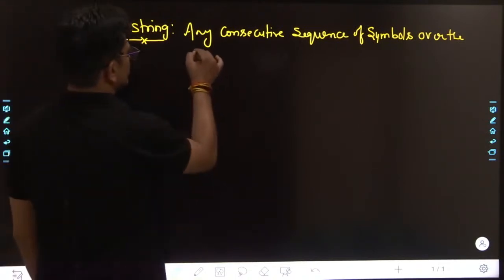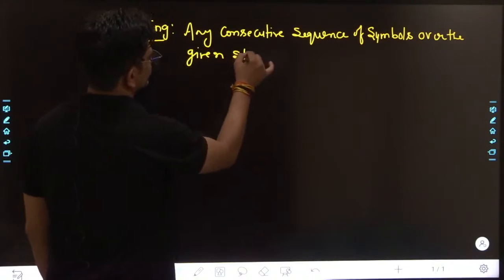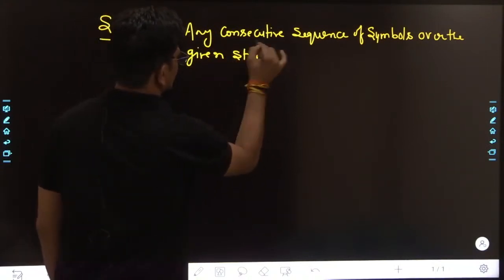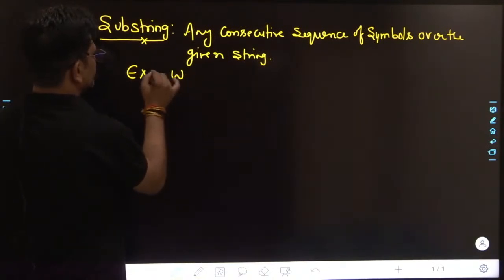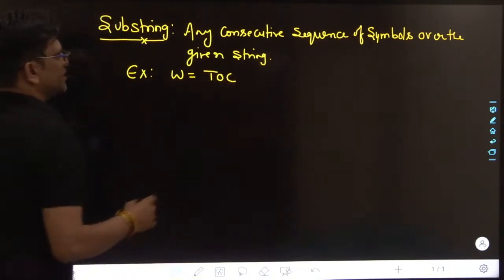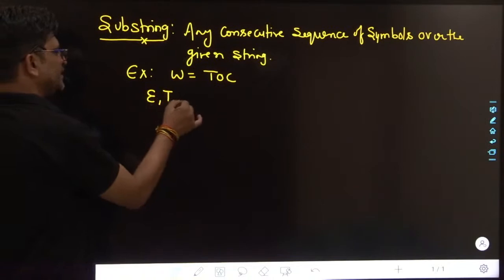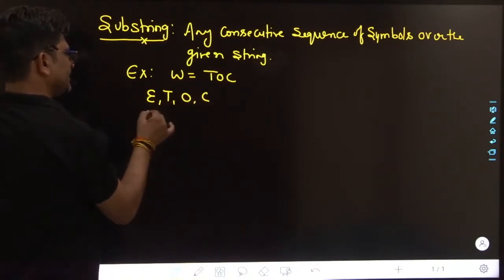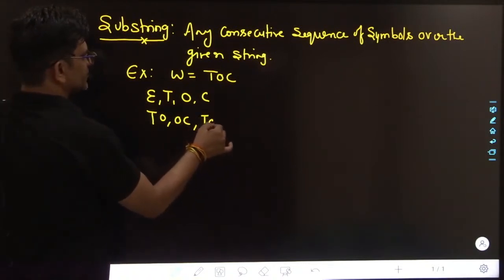Over the given string. For example, we have a string W, TOC. So how many number of substrings are possible? Epsilon, T, O, C, TO, OC, TOC.